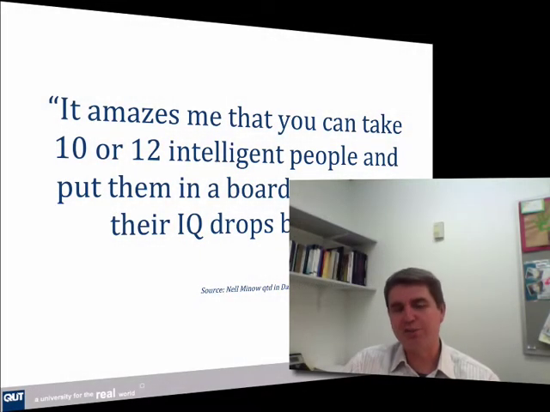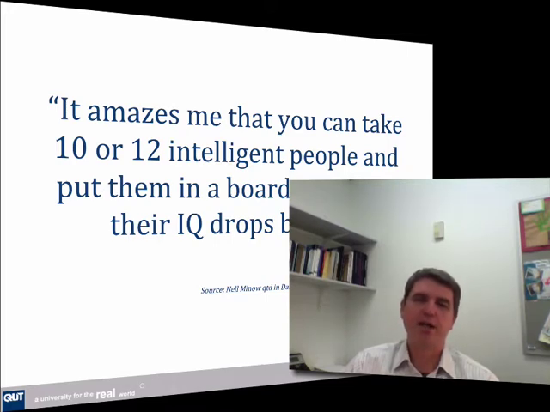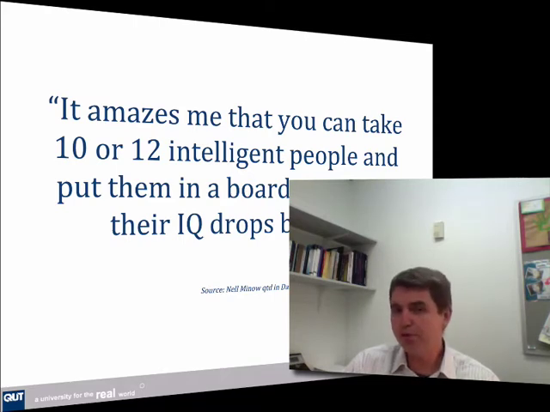This kind of logic is a great segue into a famous quote by Nell Minow about the problems that can occur on boards. The fact that you can get these really high-performing, successful business people or people with lots of different backgrounds that are well-known in their field, put them together on a board and something seems to go wrong.